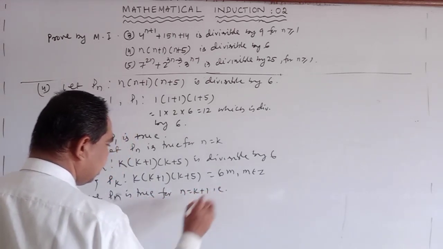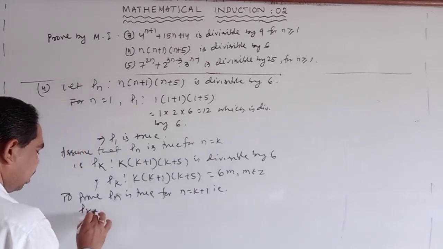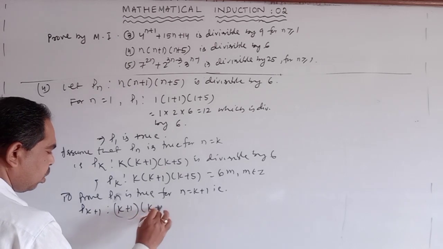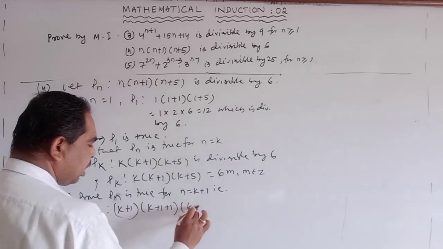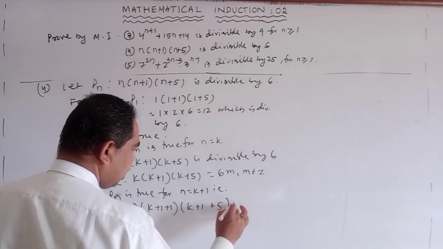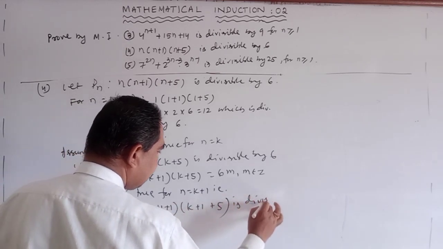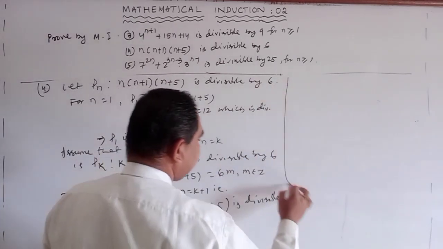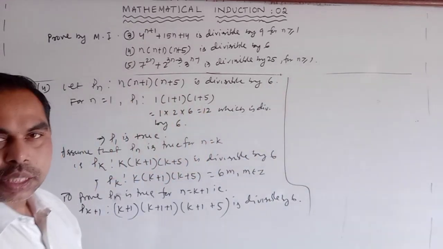That is, Pk plus 1 such that k plus 1 into k plus 1 plus 1 into k plus 1 plus 5 is divisible by 6.